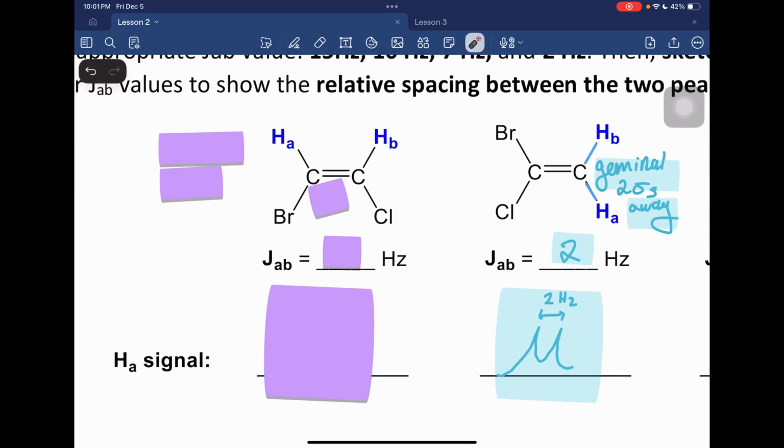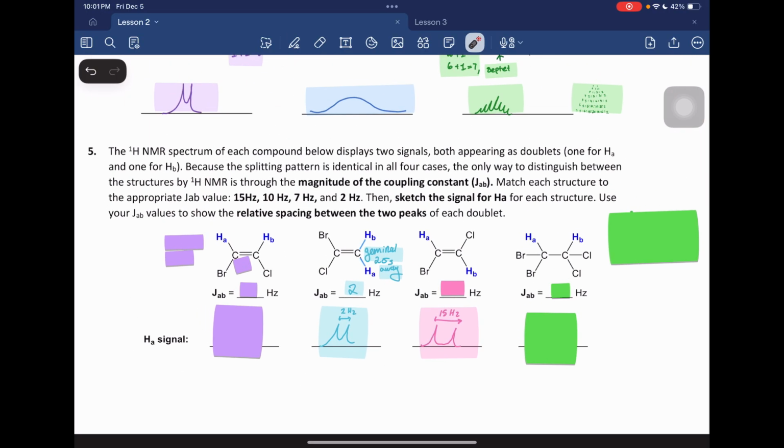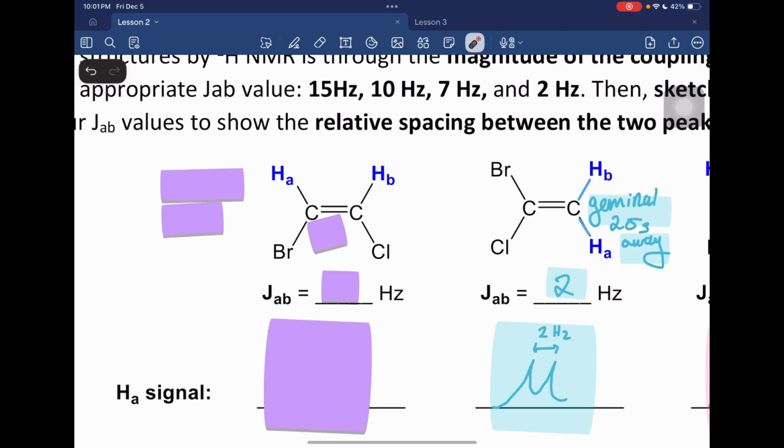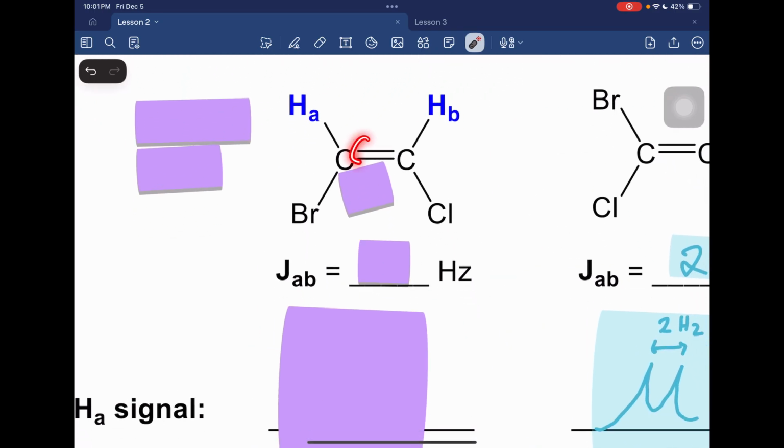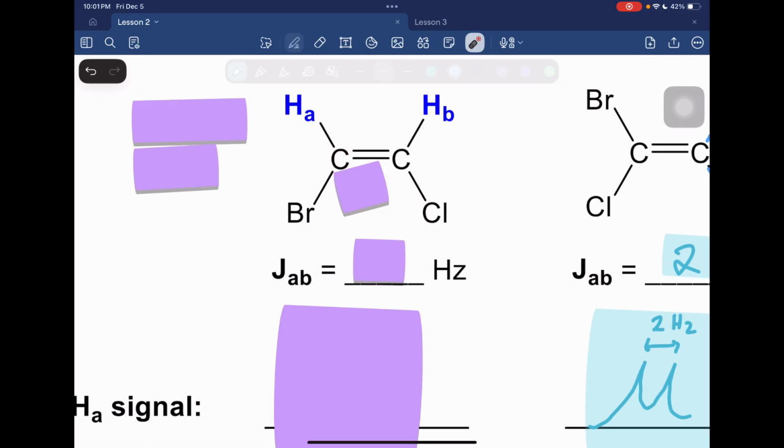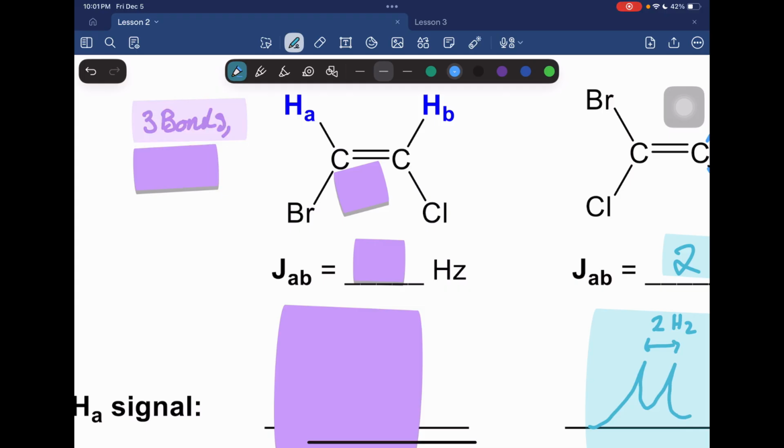Okay, we have now these 2 left. The way I like to think about it is by hybridization. This one, 1, 2, 3, so this carbon is going to be sp2 hybridized, meaning the bond angle is going to be 120 degrees, with 3 bonds.